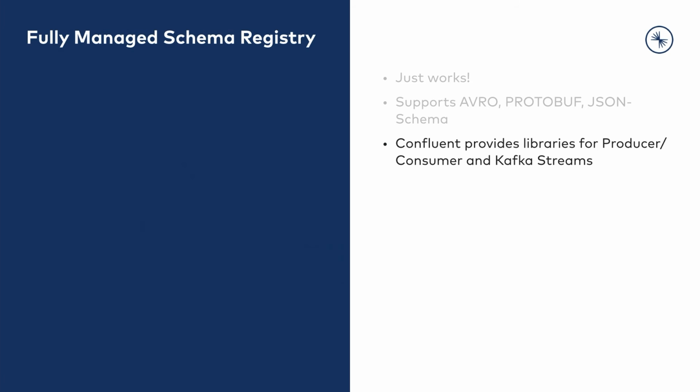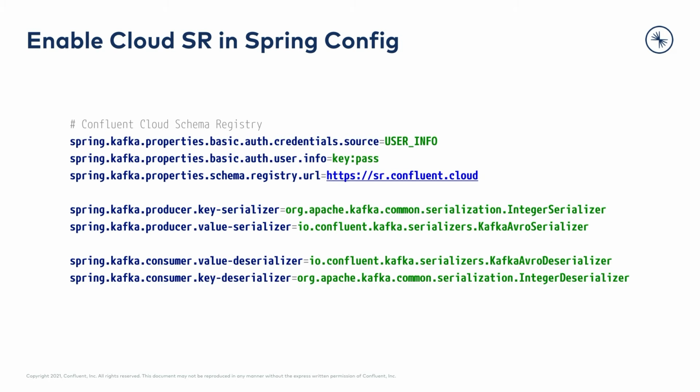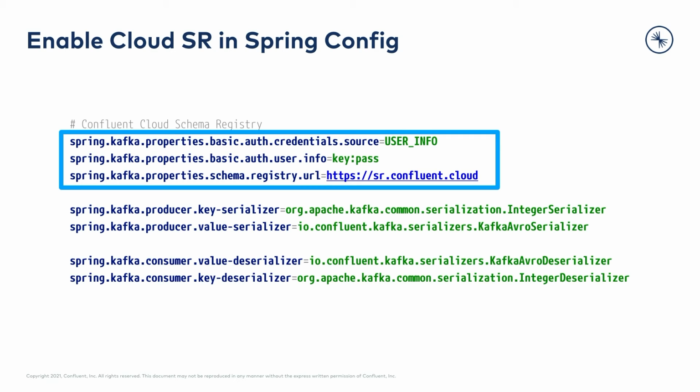So let's take a look at what it takes to configure our Spring Boot application. In our Spring Boot application, we need to provide some generic properties. So when we instantiate the schema registry serializers, those properties will be injected. Those properties are important because in fully managed schema registry, you need to get an API key and a password for this key, like a secret, that allows you to connect.